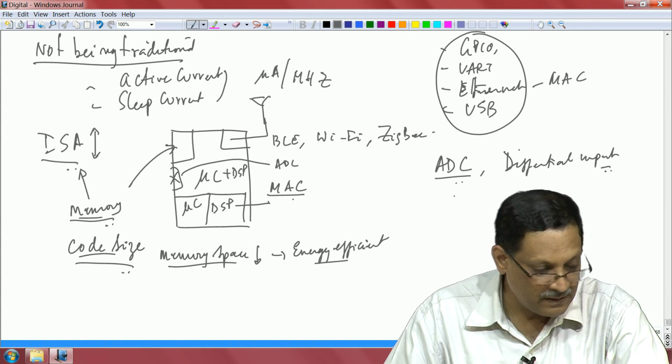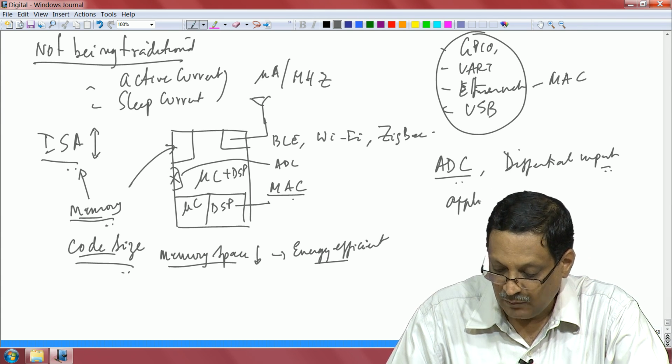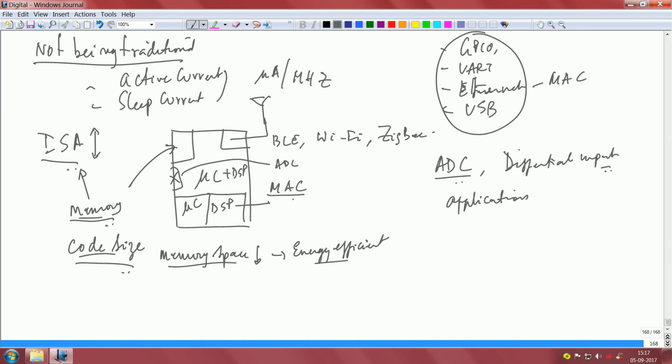Many applications are quite similar to strain gauge applications, which require differential inputs. And how does one construct this simple strain gauge kind of thing? There are 4 arms.